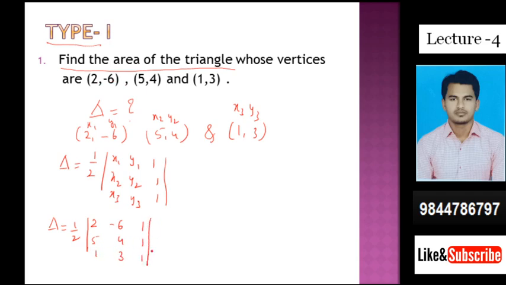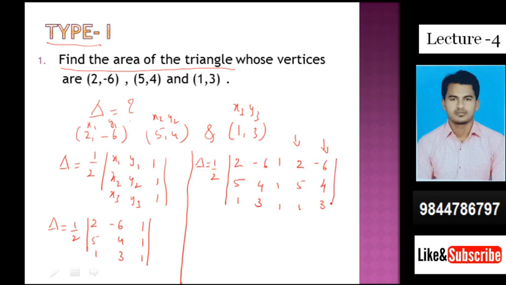So these are the given values. Calculate the value of delta. Half into determinant, expanding 3 cross 3. Okay, I'm going to use the shortcut method. 1 1 1, introducing two columns. 2 5 1, introducing one more column, that is minus 6 4 and 3.